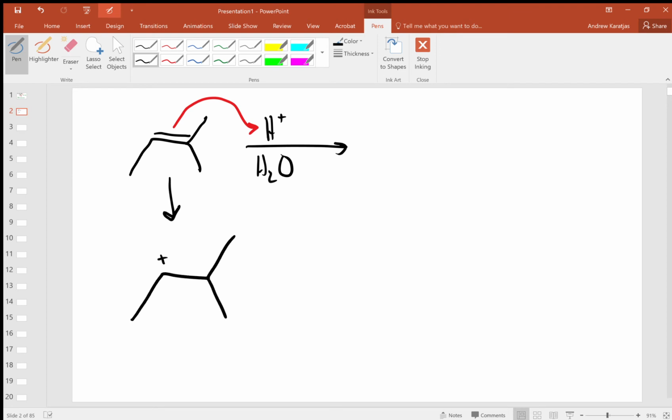That gives us two possible carbocations. We've learned previously with the HX addition that the more substituted carbocation is going to be favored. In this case, tertiary versus secondary.